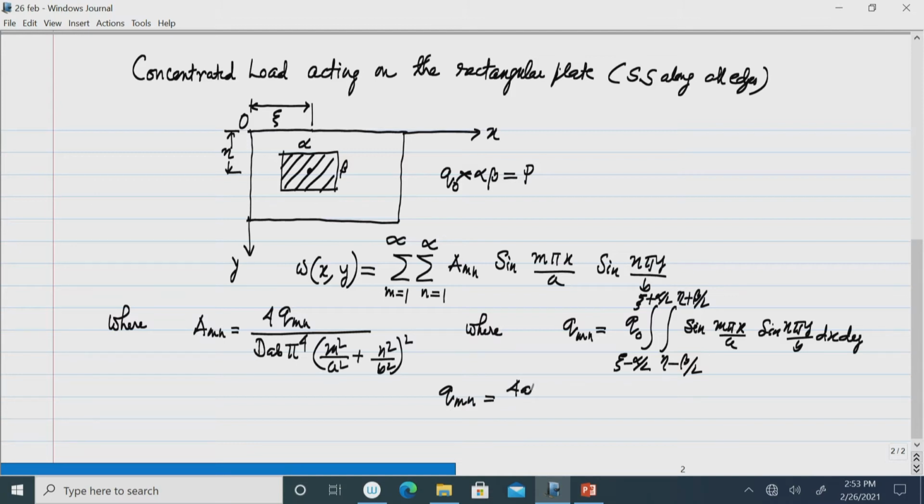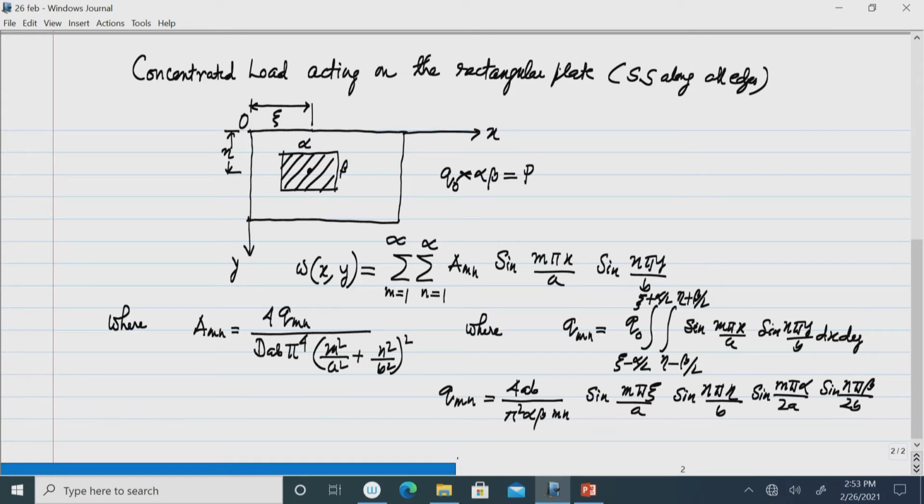We will be using this to find the deflected surface for concentrated load. This expression is given by 4ab/(π² αβ mn) sin(mπξ/a) sin(nπη/b) sin(mπα/2a) sin(nπβ/2b).